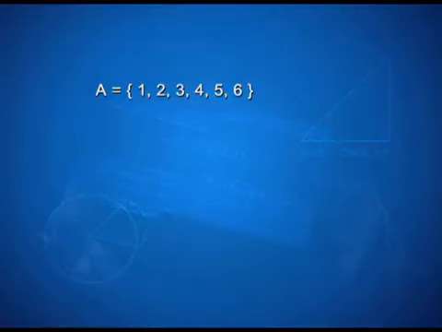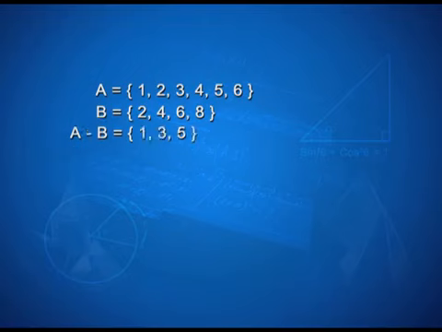Let us discuss the difference of sets in detail with the help of some examples. Let A be a set containing the elements 1, 2, 3, 4, 5, 6, and let B be another set containing the elements 2, 4, 6 and 8. Then the difference of sets, that is A minus B, will be the elements of A that do not belong to B. Therefore, A minus B will be the set containing the elements 1, 3 and 5.